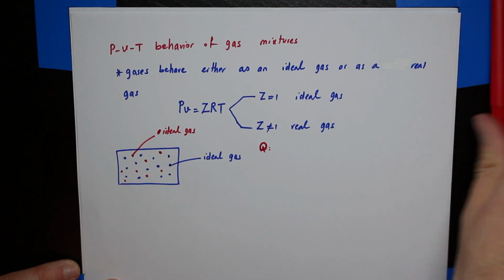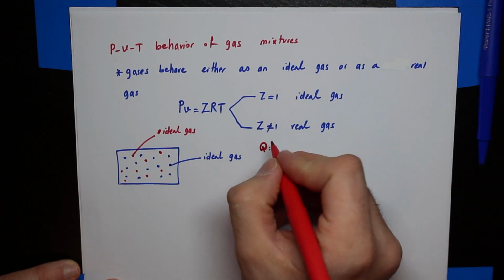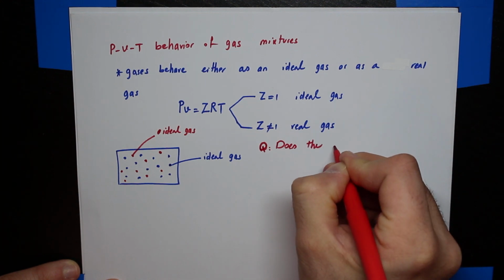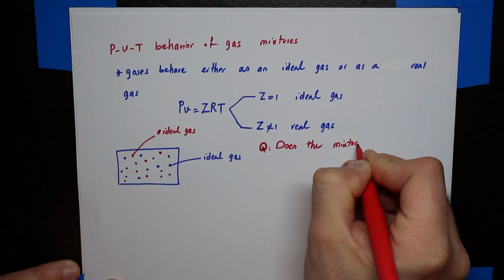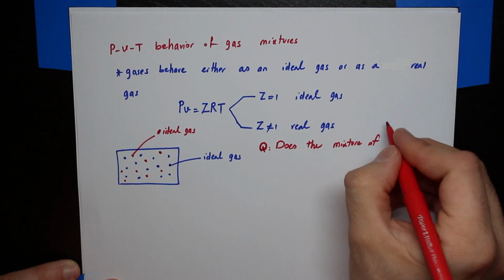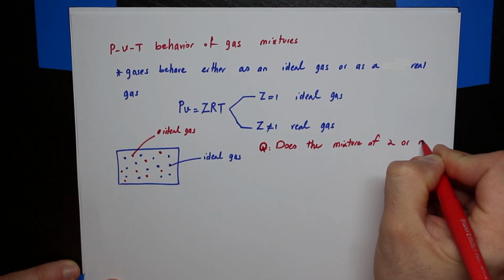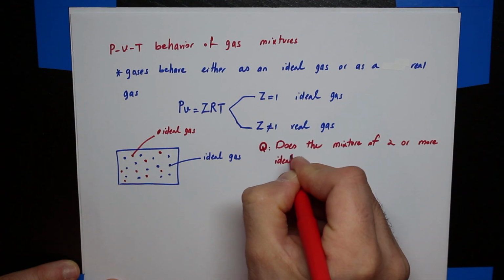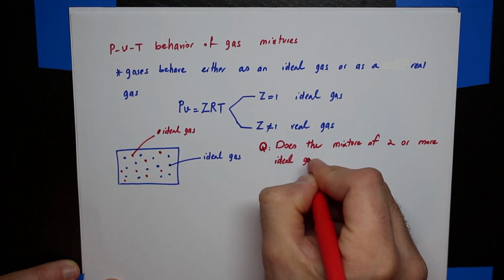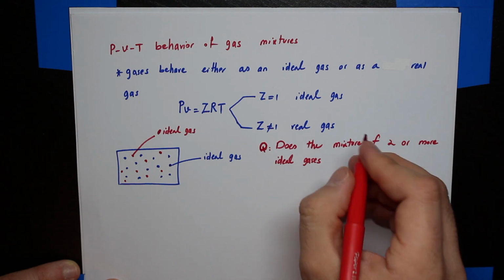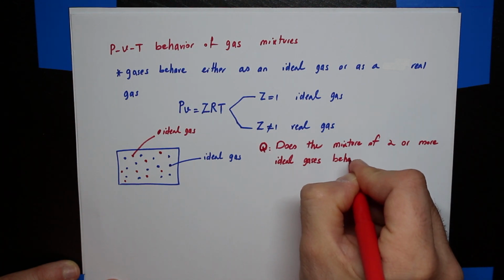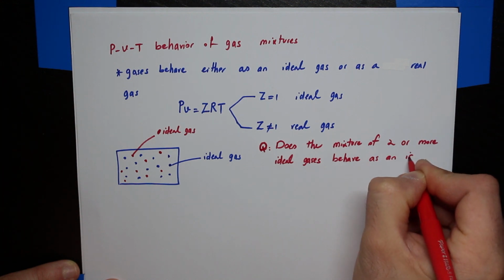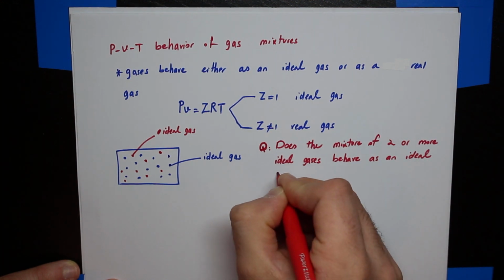So the question is, does the mixture of two or more ideal gases behave as an ideal gas?